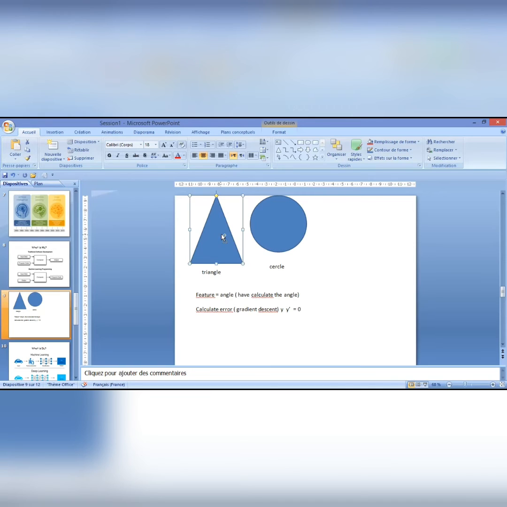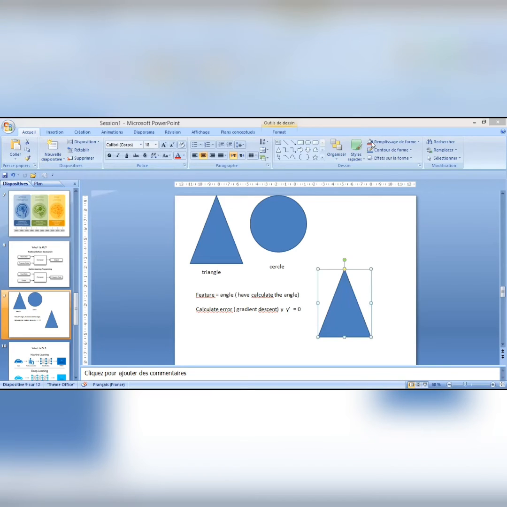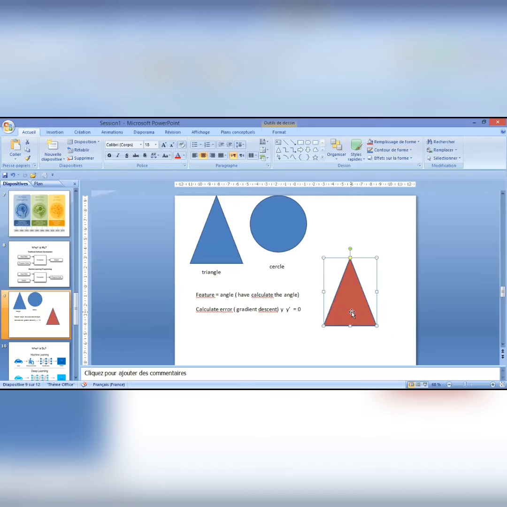So we will now have another triangle, let's say maybe red. It will be a really new triangle.